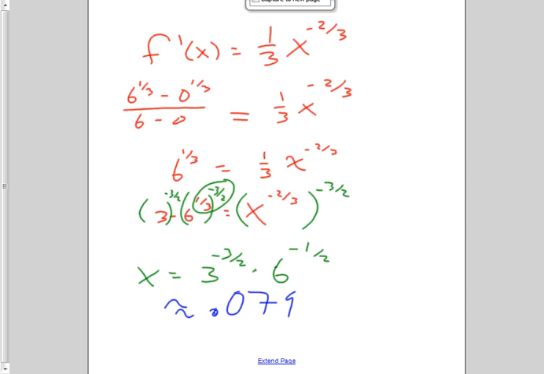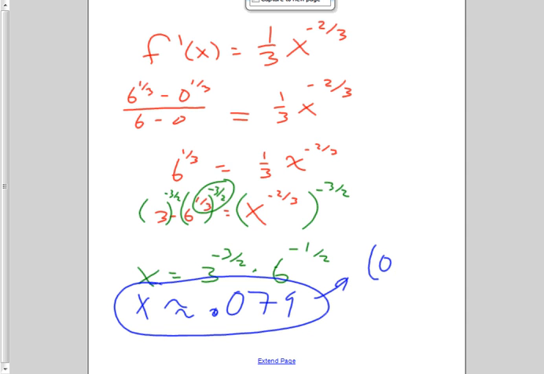And just to be careful with what we do, this value needed to be between 0 and 6, and it in fact is. Great. And now for the last problem.